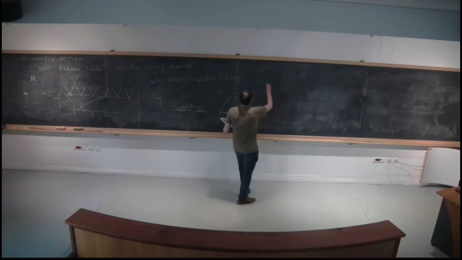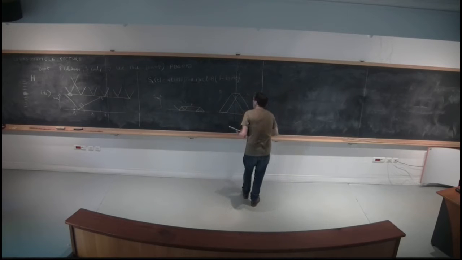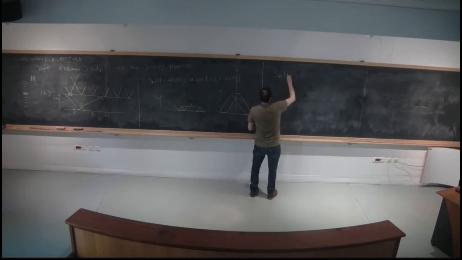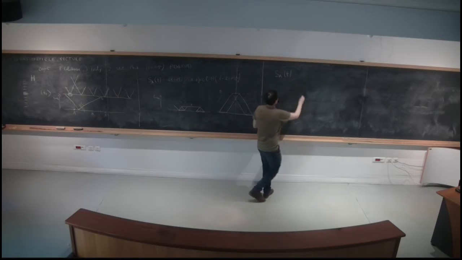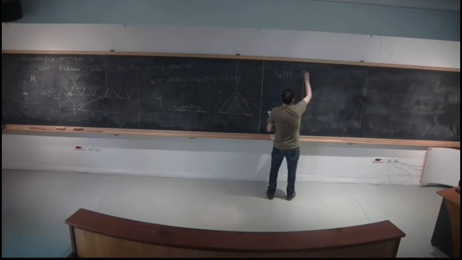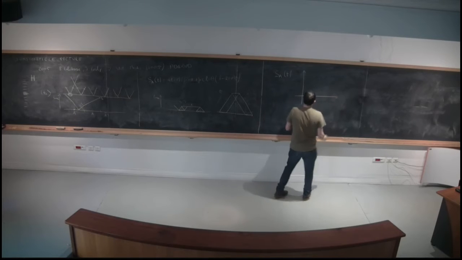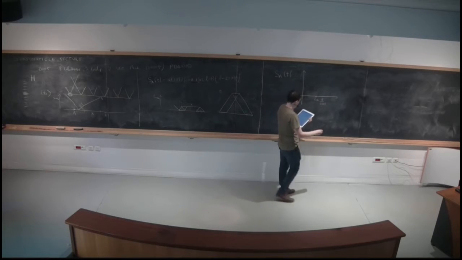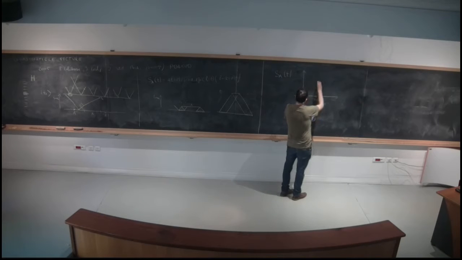So if we plot this, we have this behavior. As I said, for t equal L divided by 2V, up to this time, you have a linear growth.